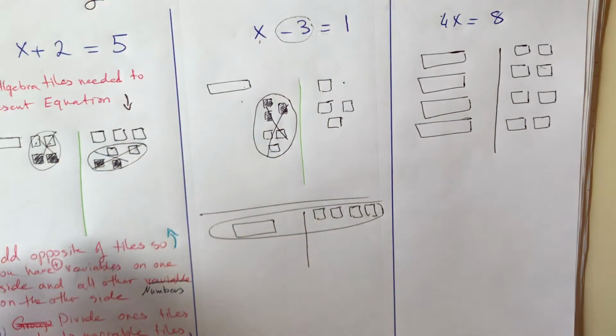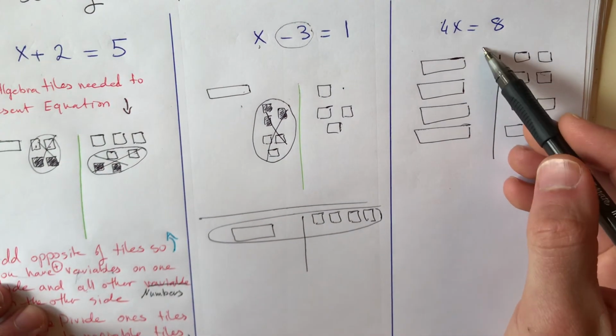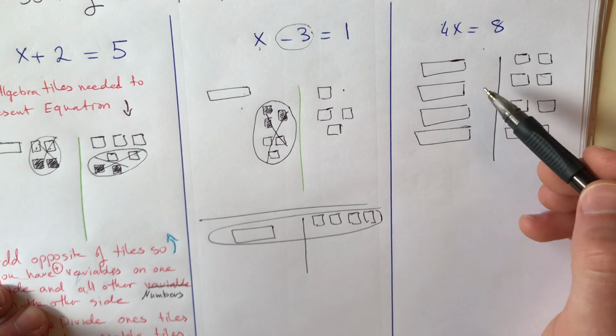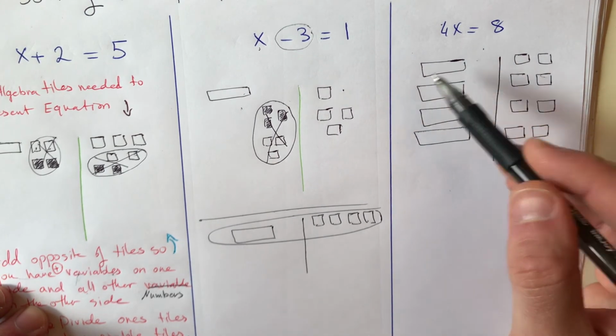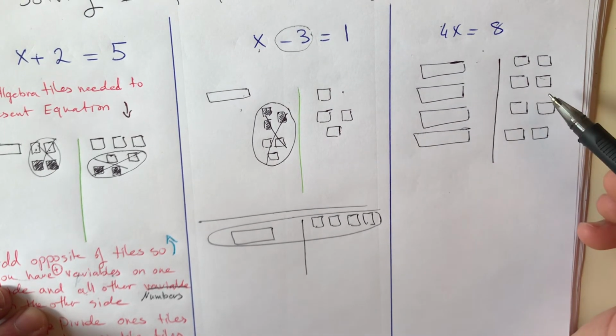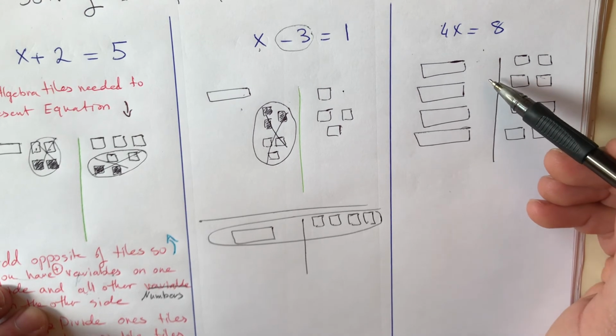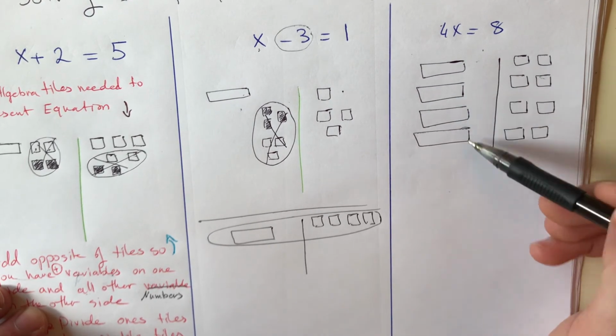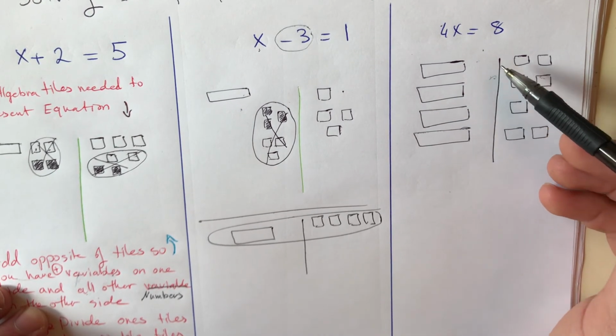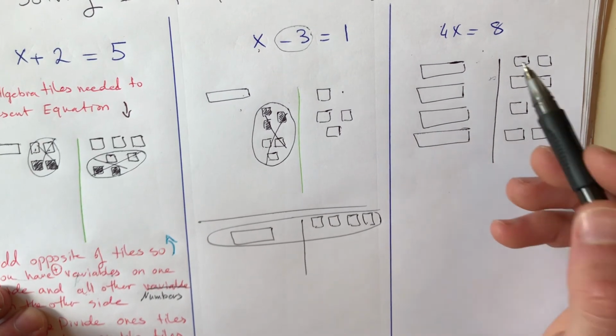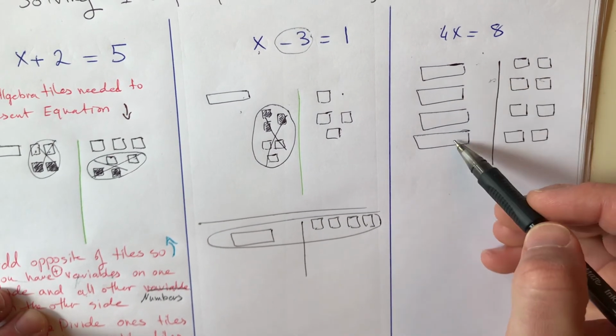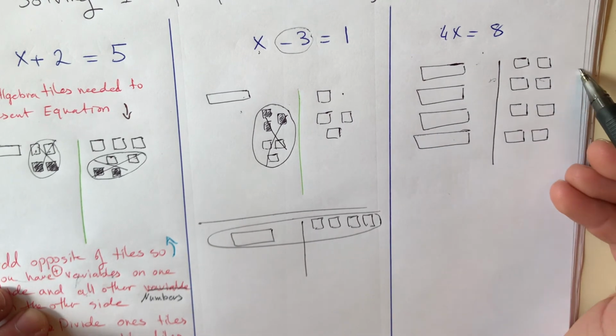Do we have anything on the left side? We have only x's, so we don't have to add anything to either side because we have x's on one side. So we can really skip step 2, which is adding the opposite, so you end up with only positive variables on one side and all the numbers on the other side.